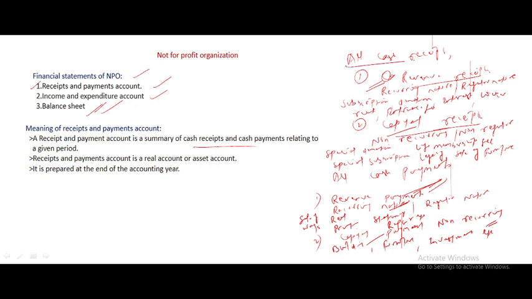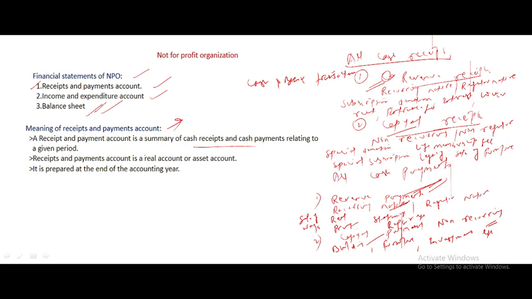Then all cash receipts and all cash payments are recorded in receipts and payment account. So receipts and payment account is a summary of all the cash transactions and also all the bank transactions. Cash and bank transactions both are recorded in receipts and payment account.